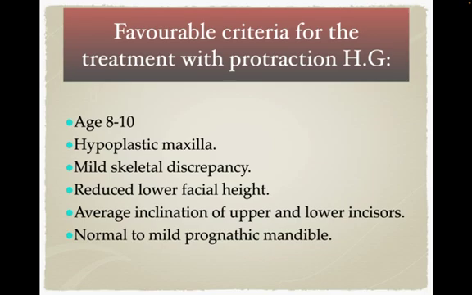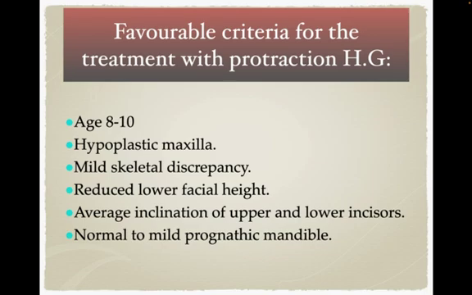That means we need to have them at the beginning, for example, the upper to be average or at least retroclined, so that when we procline, the incisors will not end up excessively proclined. A normal to prognathic mandible, because if the mandible is severely prognathic, it will not be corrected by the face mask. We know that the face mask does a downward and backward rotation.